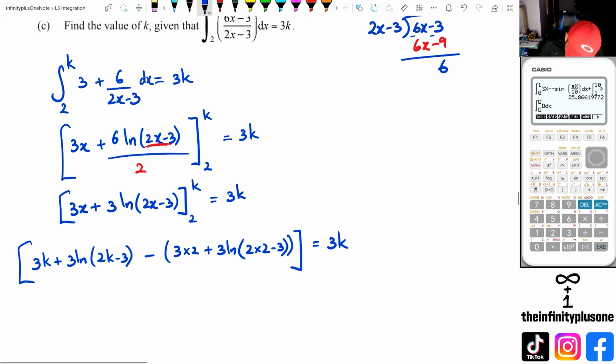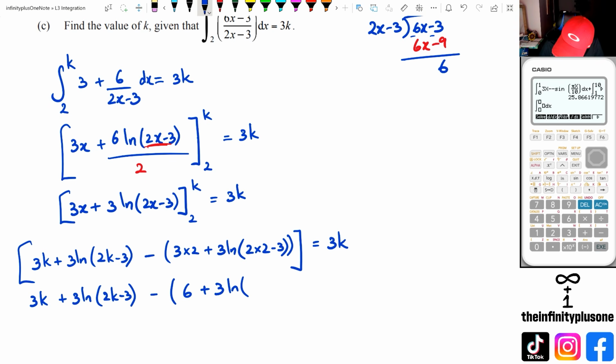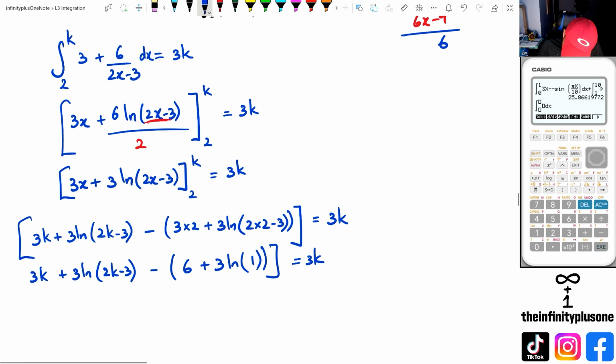So from here, I've got 3k plus 3 ln of 2k minus 3 minus, and I'm going to do this bracket here first, which is 6 plus 3 ln of 2 times 2, 4. 4 minus 3 is 1. Close bracket, that's equal to 3k. Then I've got 3k plus 3 ln of 2k minus 3 minus 6. Now ln of 1 is 0, so that's just going to become minus 6. And that's all equal to 3k.